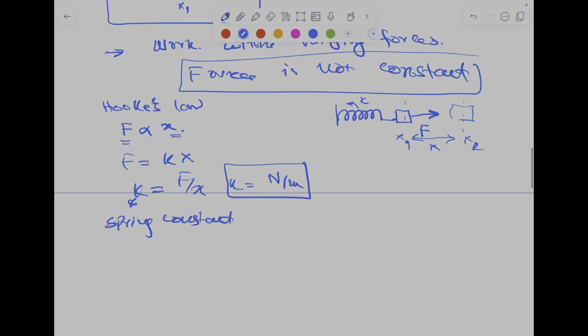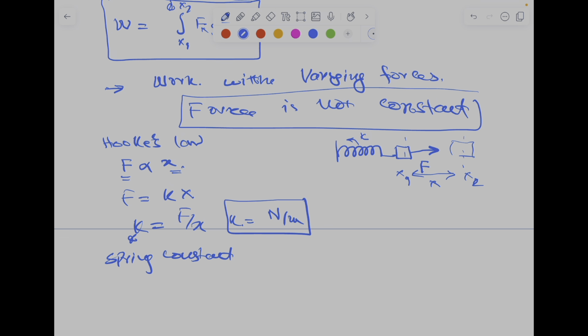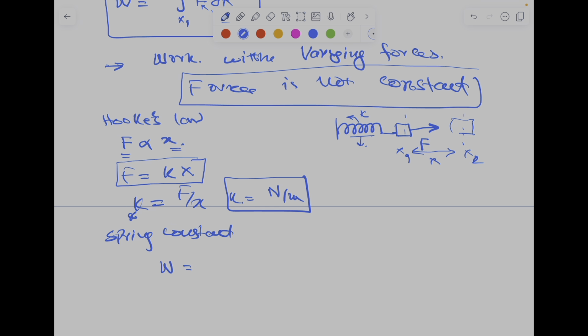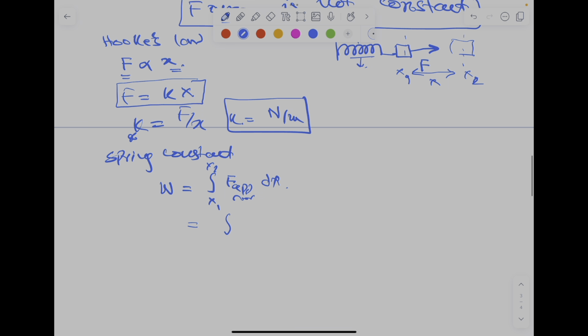Okay, so when we have a spring and a mass attached to the spring, your applied force is F equals kx. So we can calculate the work as the integral from x1 to x2 of F applied dx. Your applied force in the case of a spring is nothing but kx dx. K is constant, so you take k out of the integral, and you're left with a simple integral of x.